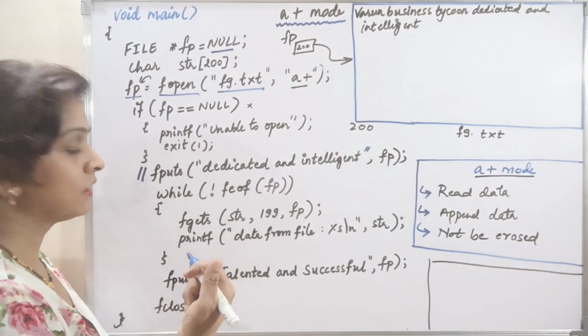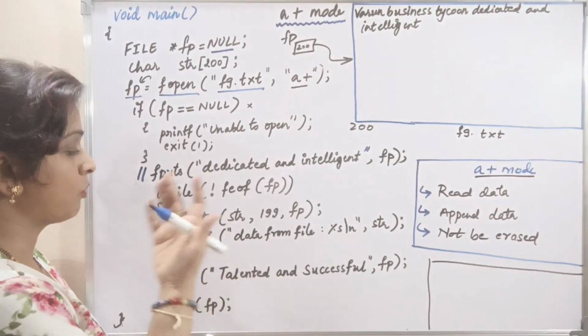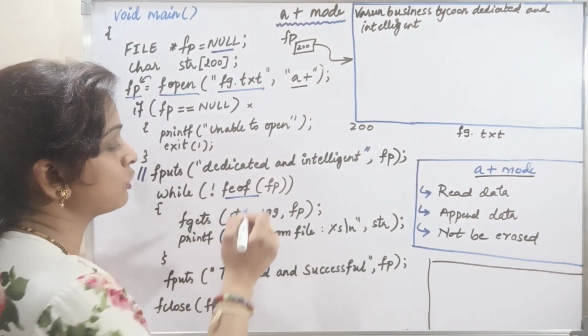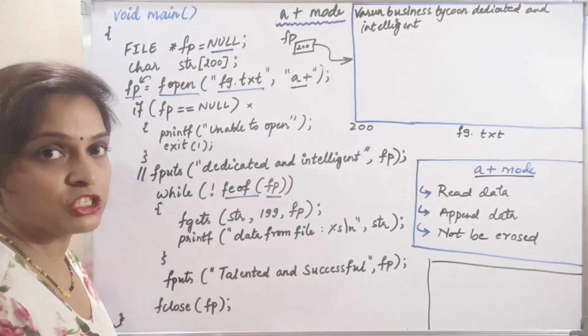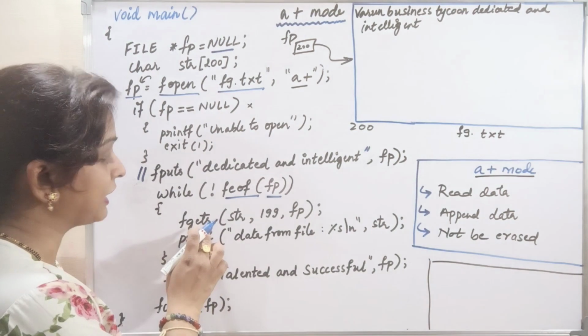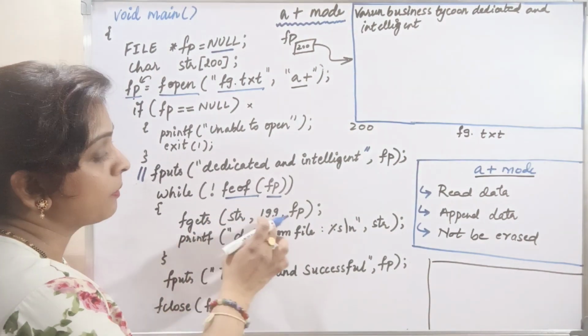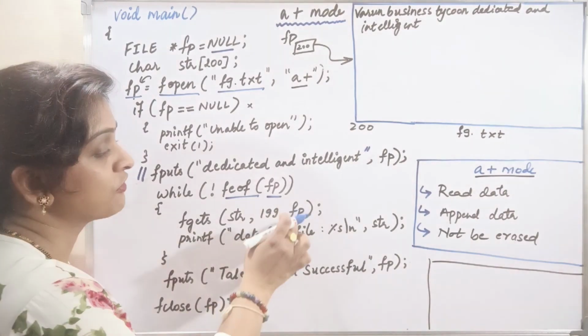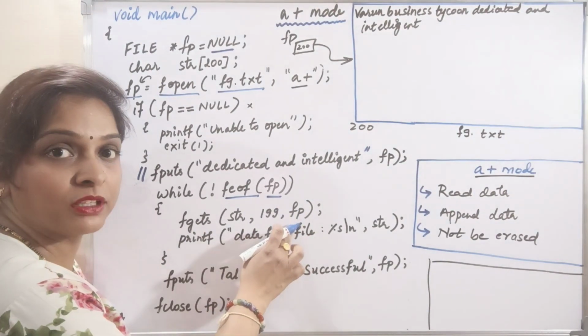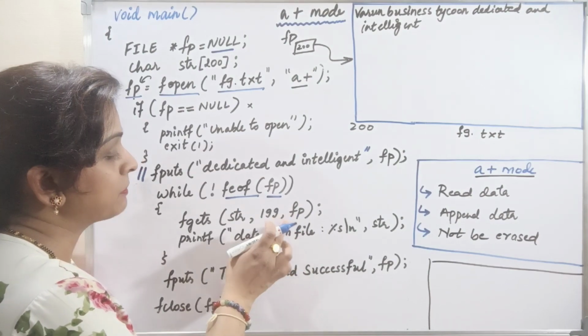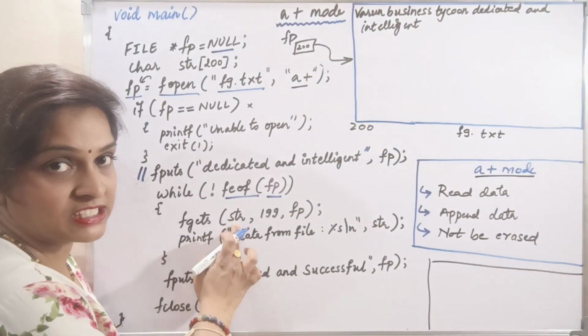Reading the data as usual with a while loop and fgets. I said not end of file for the file pointer. If it is not pointing to the end of file, then get that sequence into the character array str, a maximum of 199 characters from the file pointed to by the file pointer fp. From the file pointed to by the file pointer, I am getting the data, storing it in str.